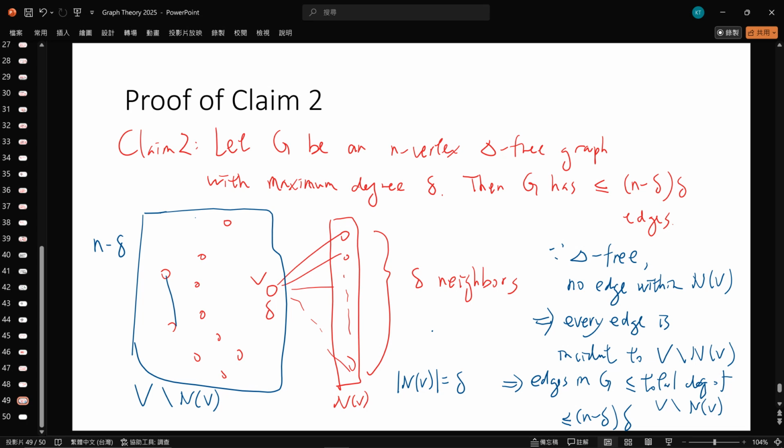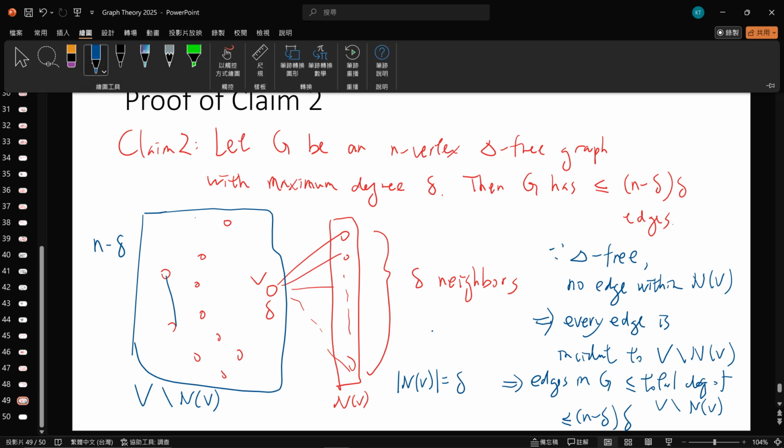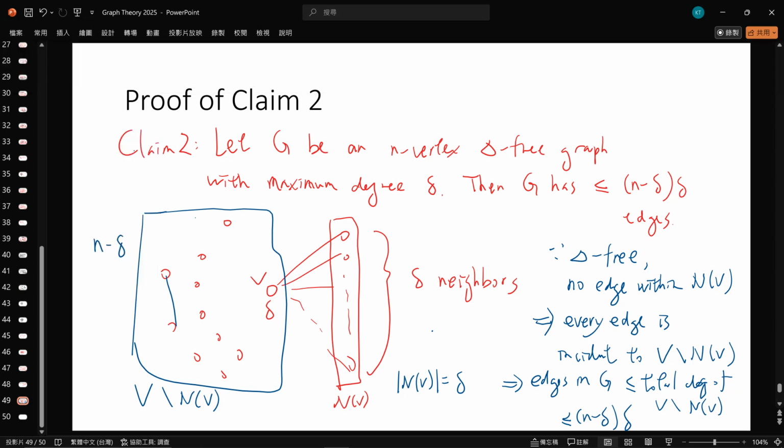So let's look at the proof again, okay? Starting from the assumption that the graph is triangle free, we get that we cannot have an edge within this red set, which are just the neighbors of this maximum degree vertex V. We cannot have this edge because it is triangle free.